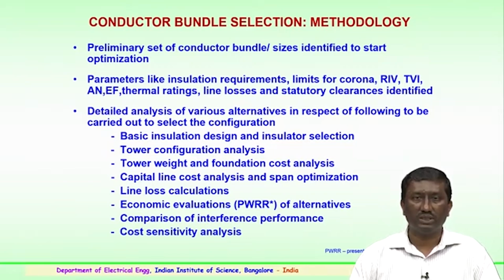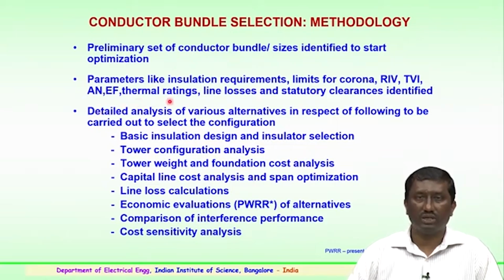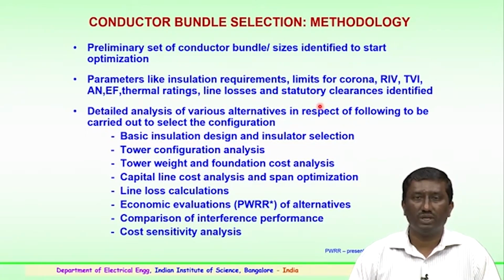Important parameters like the insulation requirements for a particular voltage level, the limits specified for the corona, the radio interference voltage, the television interference, the audible noise, the electric field, the thermal ratings of the conductor, the line losses because of operation at those higher voltage levels, and the statutory clearances should be identified before the selections are made. These are very important parameters for choosing the conductors.